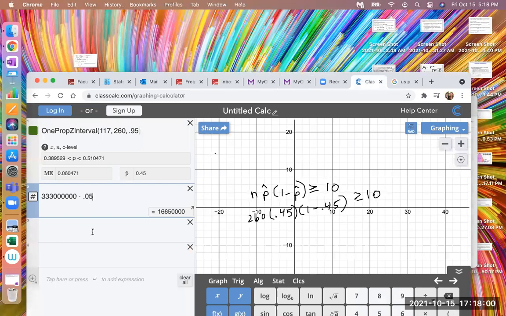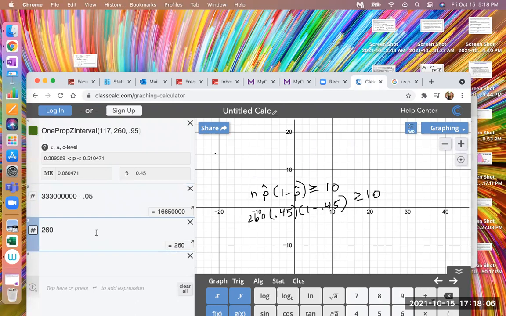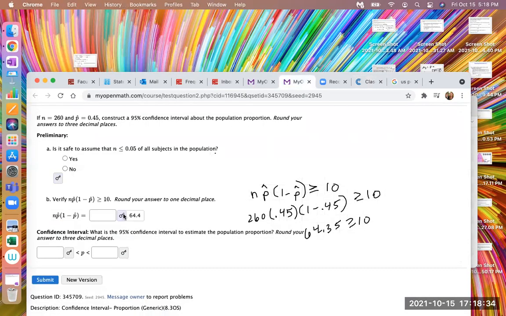So 260 times 0.45 times (1 minus 0.45) gives 64.35, which is in fact larger than 10. So yes, that requirement has been met. They actually ask you for it rounded: 64.4.